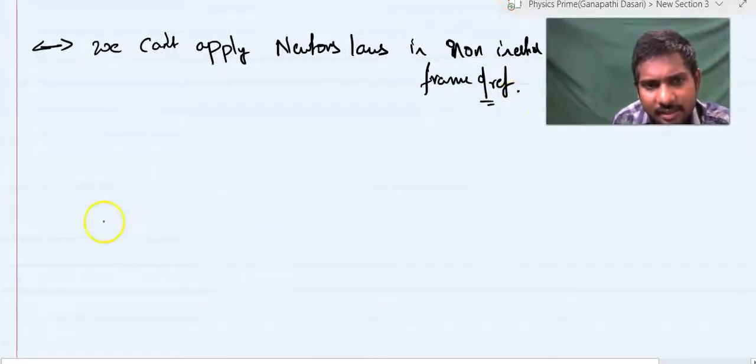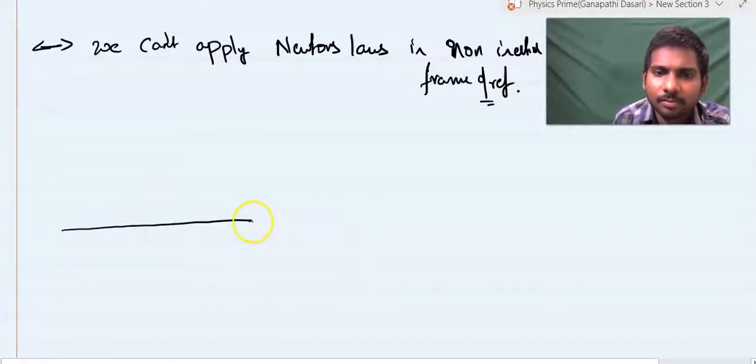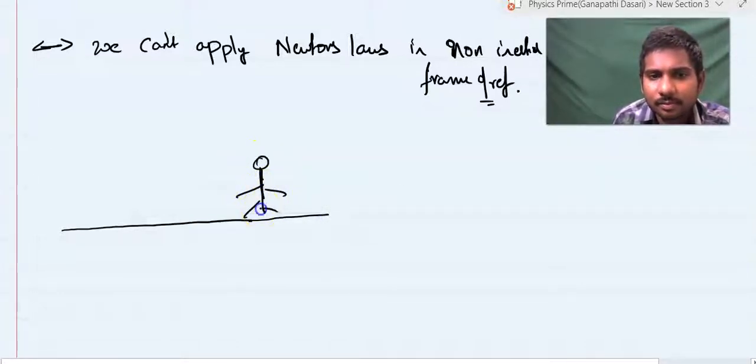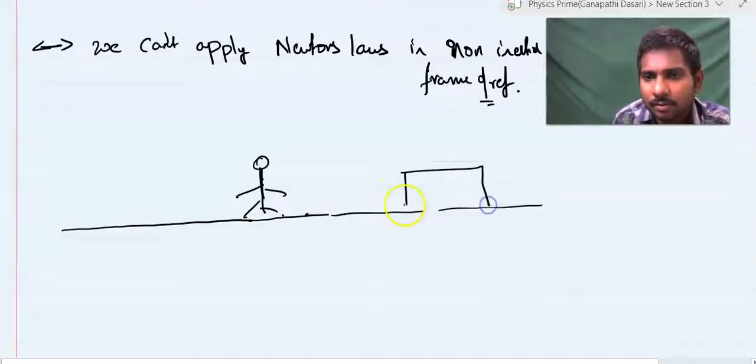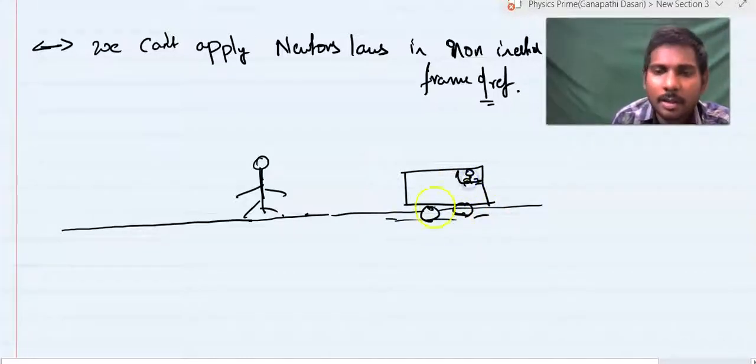Suppose there's a man standing here. There's a car here on the ground. So here another man is standing here.